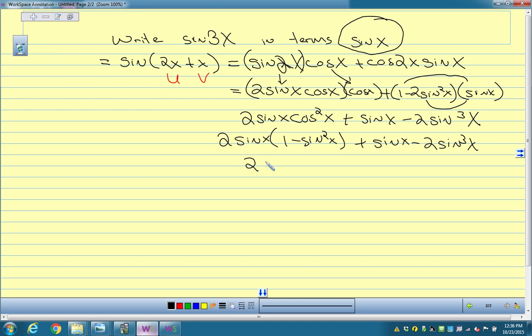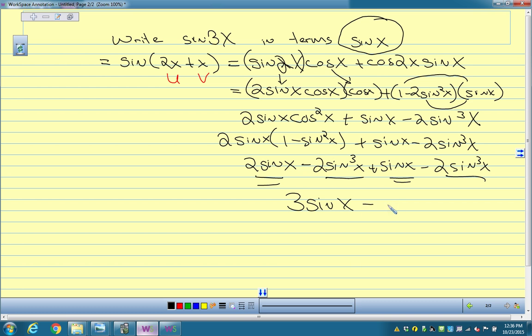Isn't this a pain in the neck? 2 sine x minus 2 sine cubed x plus sine x minus 2 sine cubed x. These are like terms, and these are like terms. So altogether I have 3 sine x's, and minus 4 sine cubed x's.